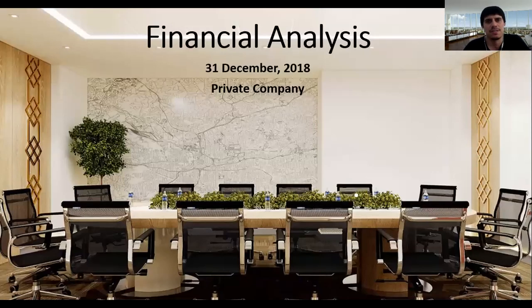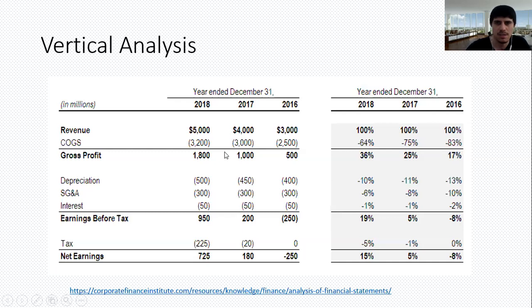So here you can see 2018, to the 31st of December, which is the end of the financial year, and this is the chart I have taken from the source that has been mentioned.